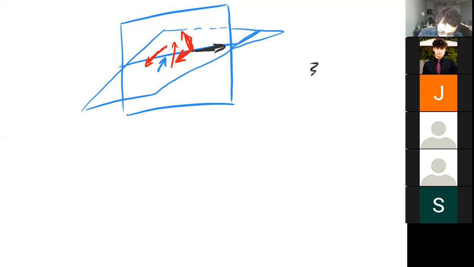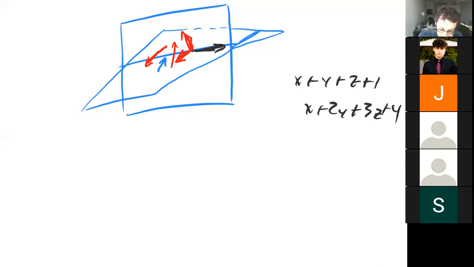So the equations for our planes were x plus y plus z plus 1 and x plus 2y plus 3z plus 4, okay? And so the normal vector is again just 1, 1, 1 for the first one, and 1, 2, 3 for the second one. So let's compute the cross product.